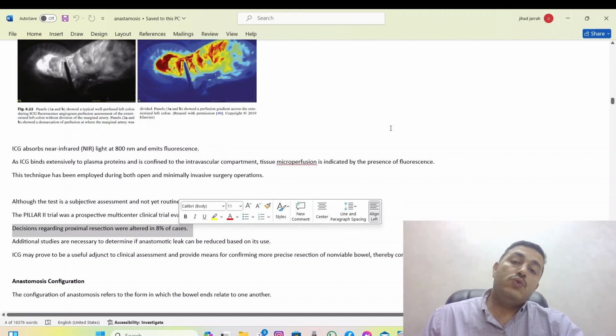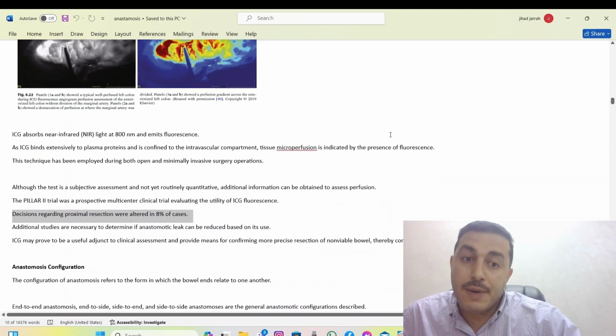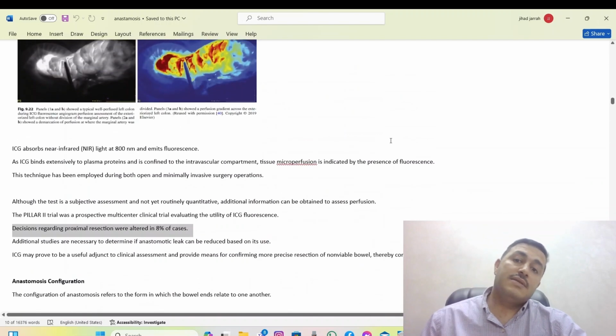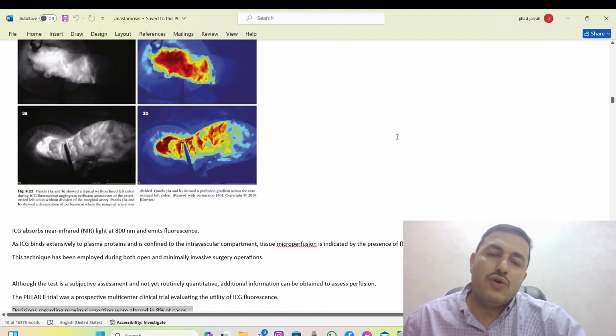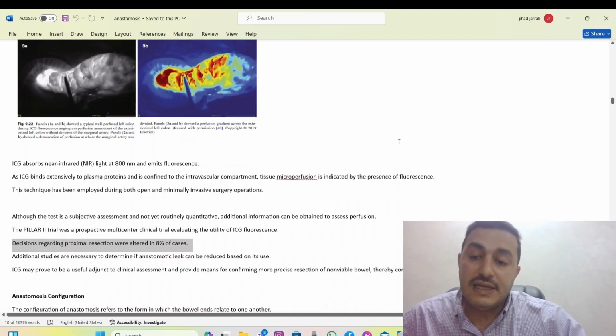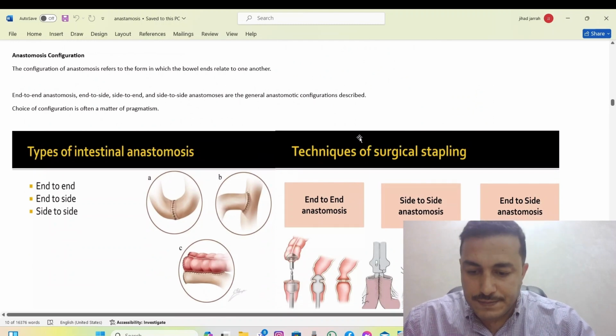So this is the technique we have to assess the perfusion of the bowel. Does this technique finally affect the leak or decrease the leak? It's not clear.